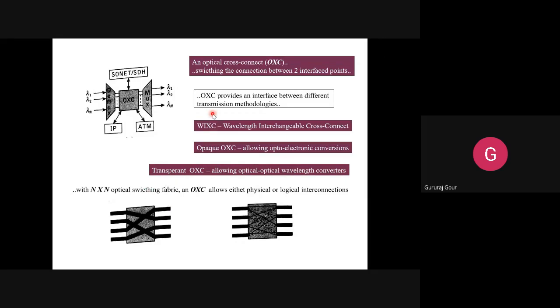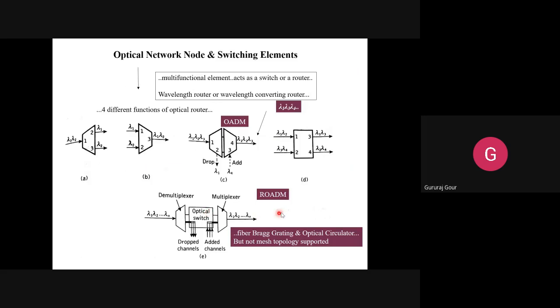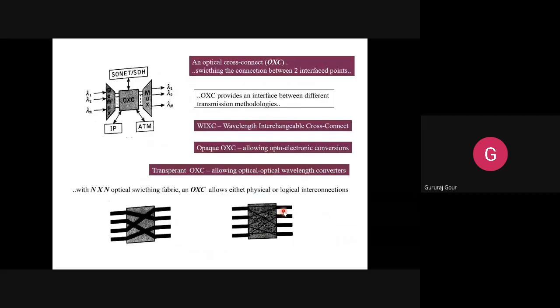These are different types of OXC, and keeping this OXC as a main physical aspect in place of the optical switch of the ROADM, we can have two main categories of ROADM, including OXC, which is going to give you an N by N optical switching fabric.